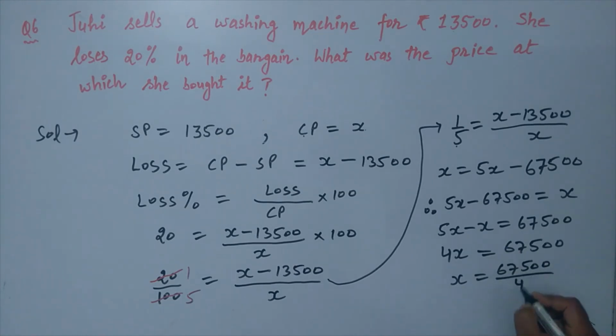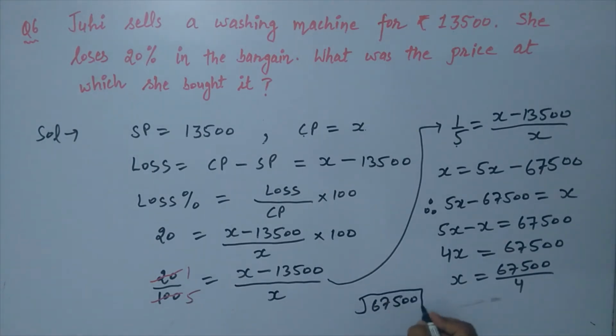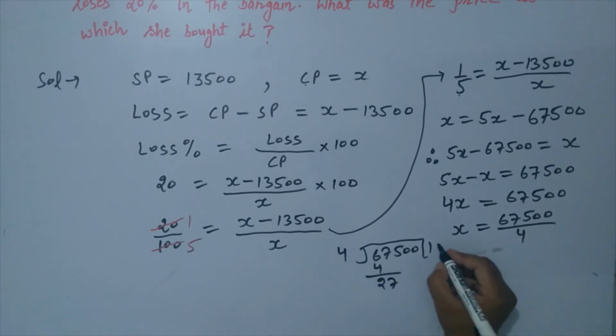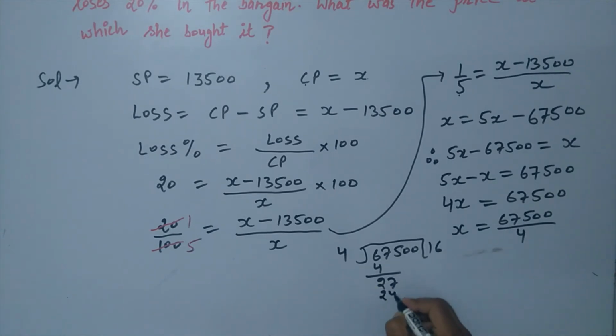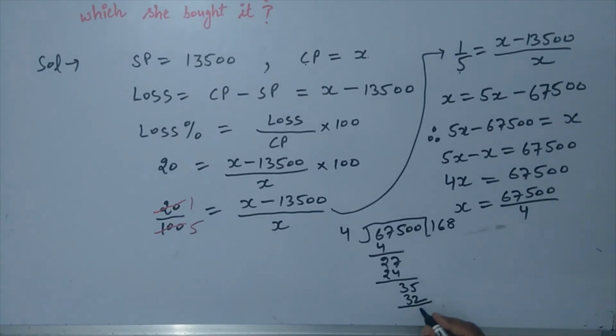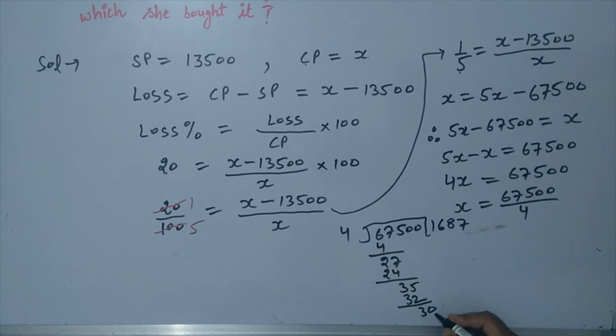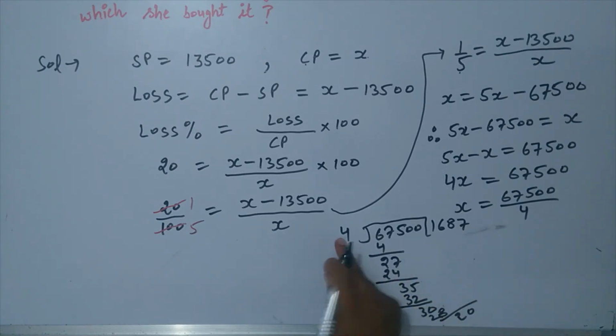So we have X is equal to 67,500 divide 4. 4 ones are 4, 2 7, 16, 4 sixes are 24, 3 5 is here, 8 fours are 32, 3 is the remainder, 30, 7 fours are 28, 2 is the remainder, then 20 becomes 5 fours are 20, right?